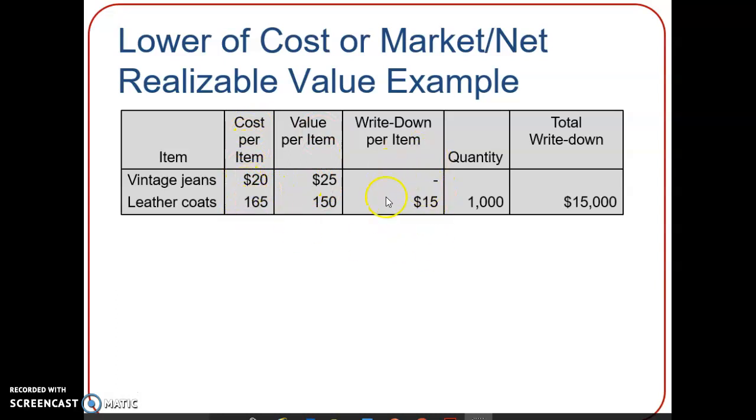We have to write down the difference. So write down $15. If we have 1,000 units, that's $15,000. So after the write down, it was $165, after the $15 write down, it becomes $150, which is the current value.